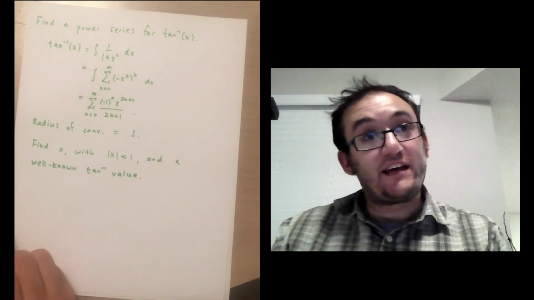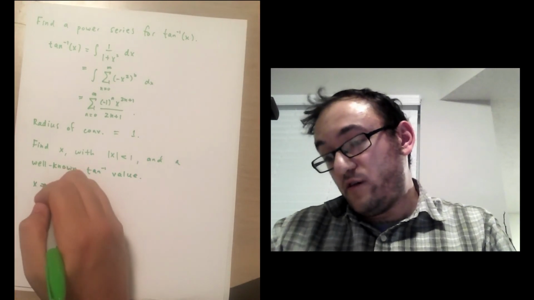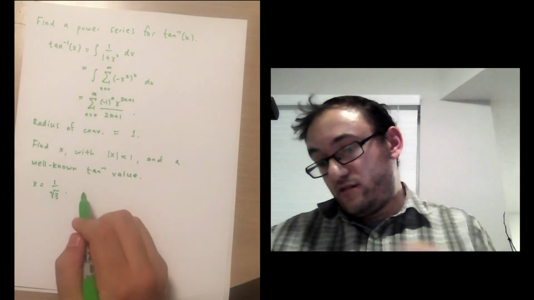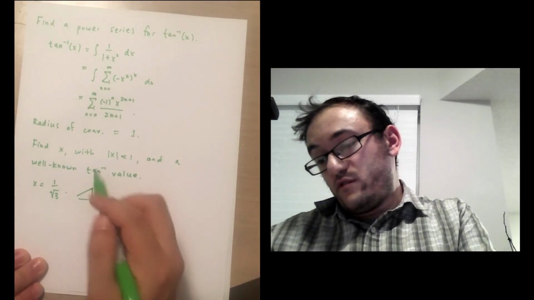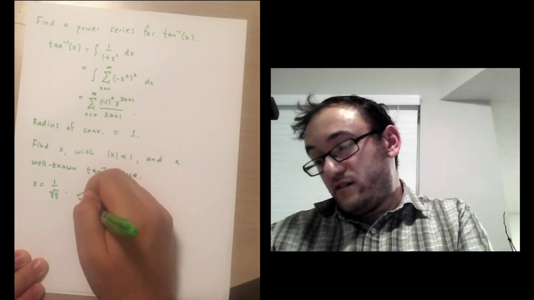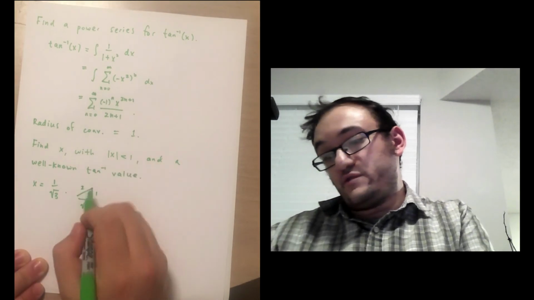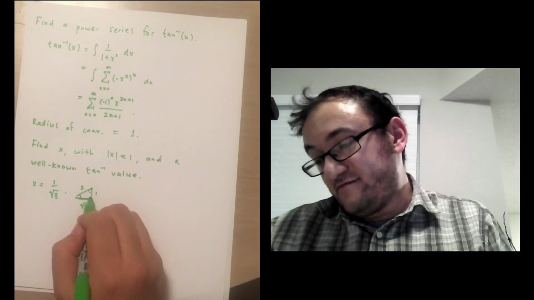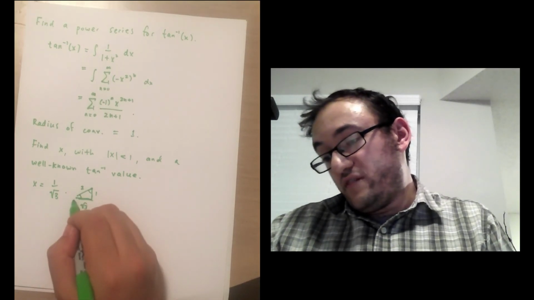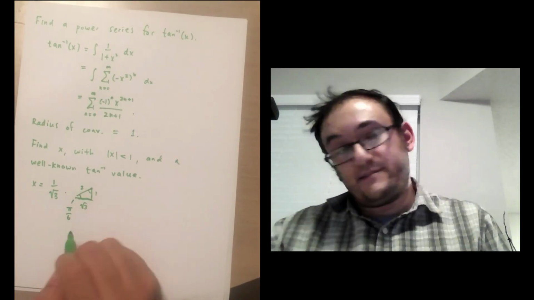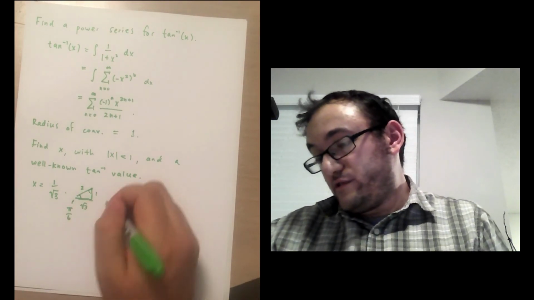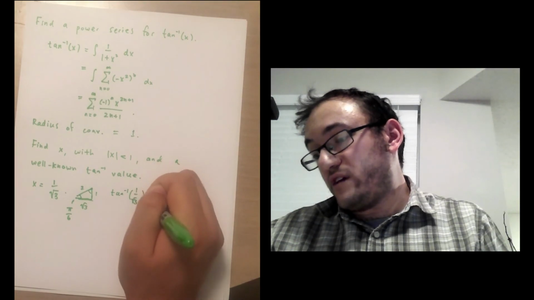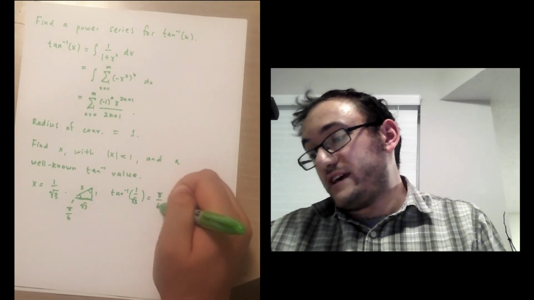Okay, and so in our case, we're going to take x equals 1 over the square root of 3. Okay, if you remember your triangles, 1, square root of 3, 2, this angle will be given by pi over 6. Okay? So arctangent of 1 over the square root of 3 equals pi over 6.